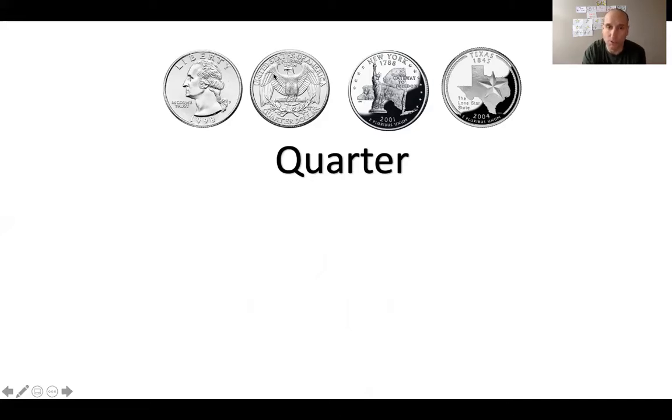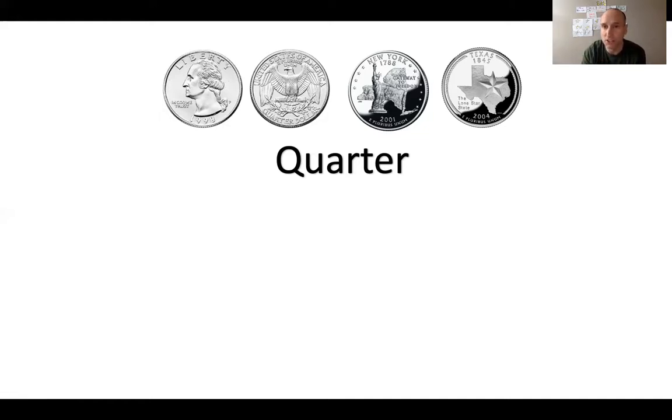Older quarters, boys and girls, would always have the bald eagle on there. Newer quarters have a bunch of different designs. Some have states, some have different territories that you might find on the back, and some have different scenes that represent the United States of America.